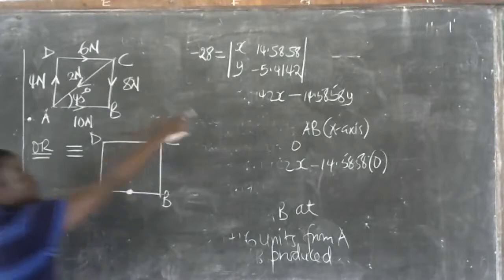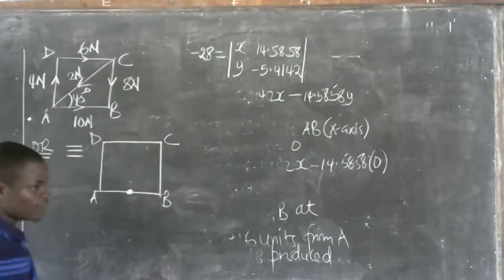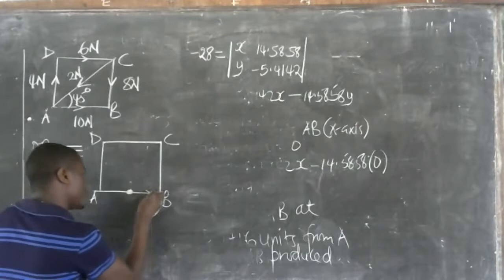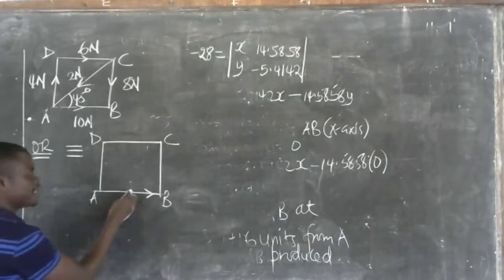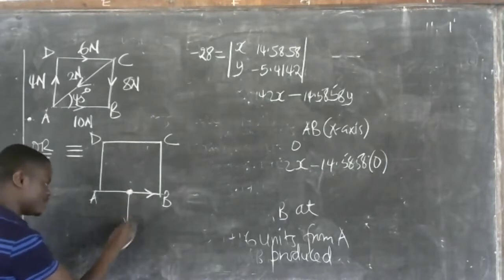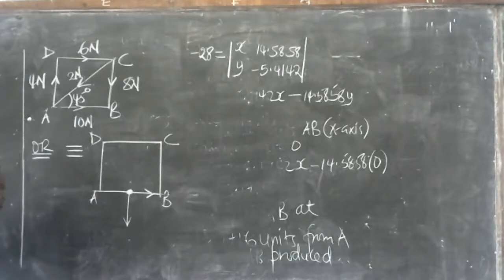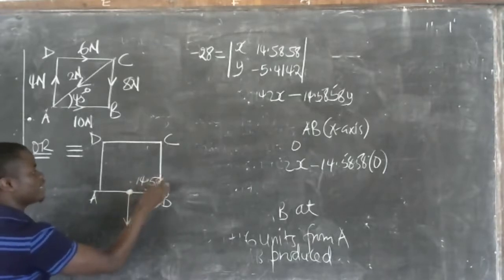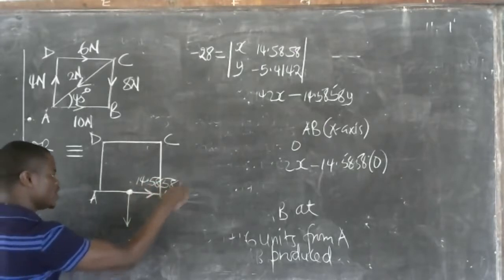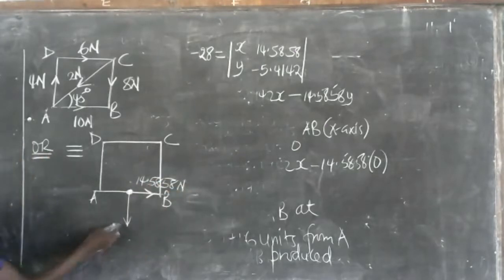We had the horizontal component as positive, 14.5858 newtons, and my vertical component was negative, downwards, 5.4142 newtons.